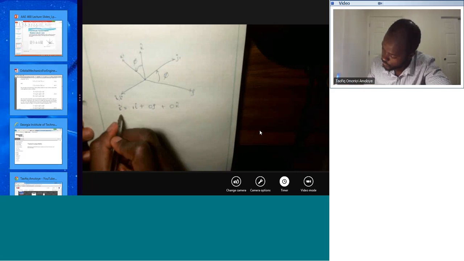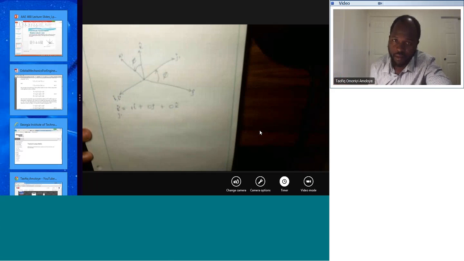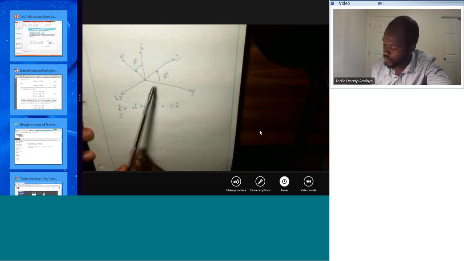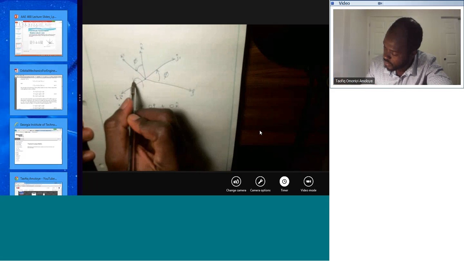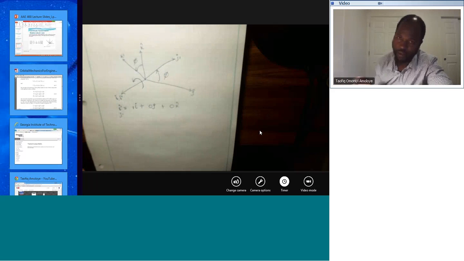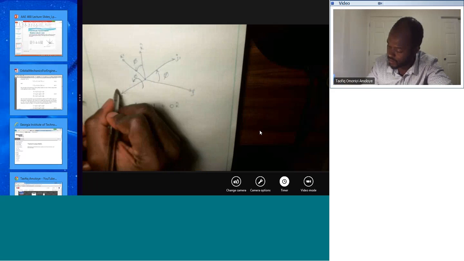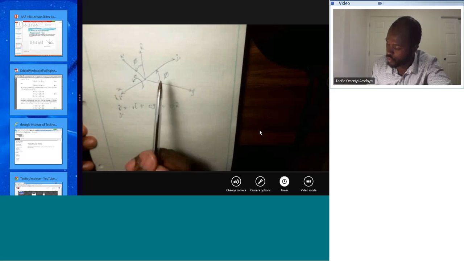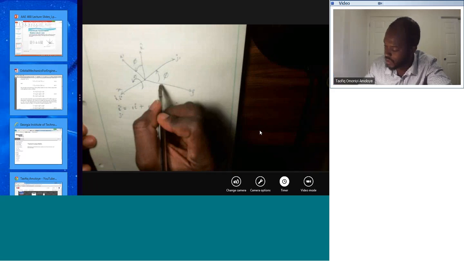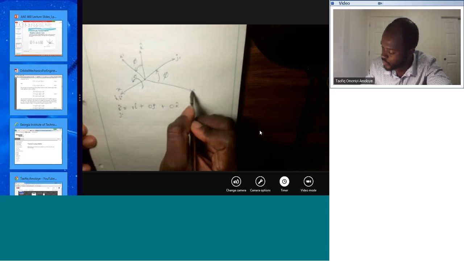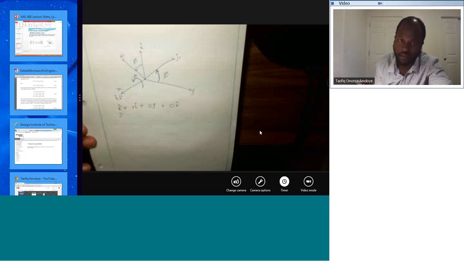So we go further to j prime. This is j prime here. Because we've rotated the prime system through an angle phi about the x-axis, the j axis of the primed system has been rotated from where it was through some angle phi, the angle of rotation.